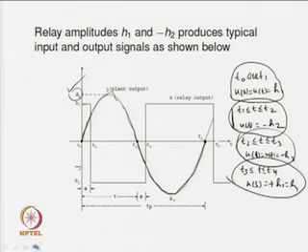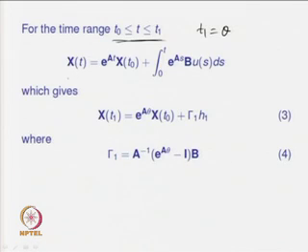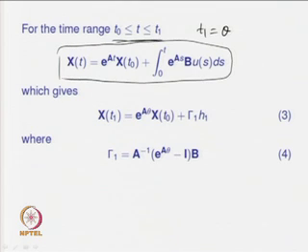For that time range, the solution of the state equation can be given by this simple expression, where x(t) is equal to e to the power At x(t0). We start from time t equal to t0, therefore we have x(t0) here, plus the integral with limits 0 to t of e to the power As B u(s) ds.